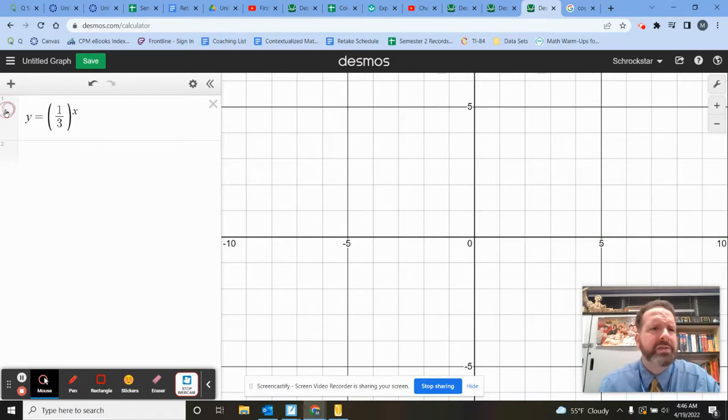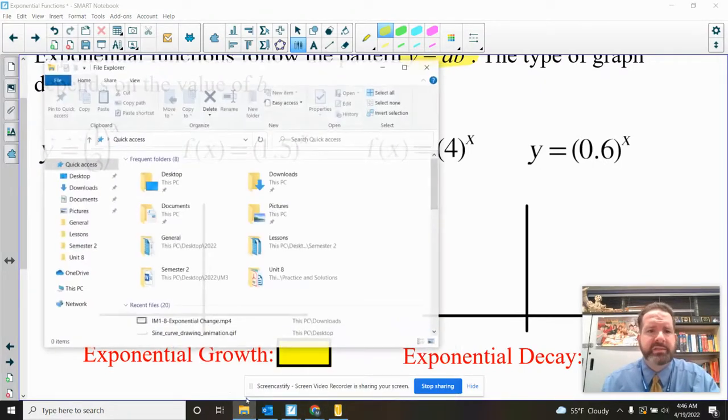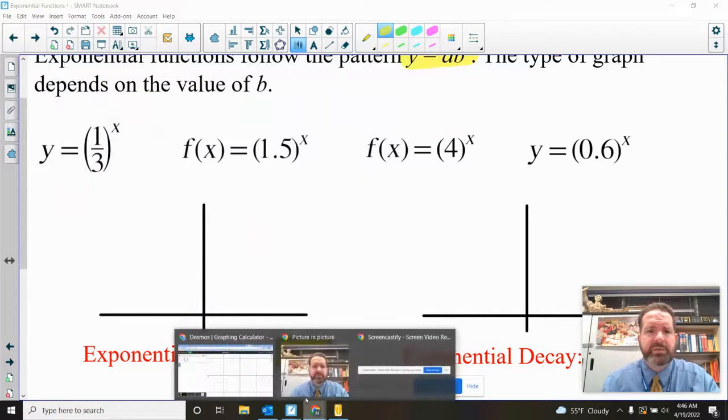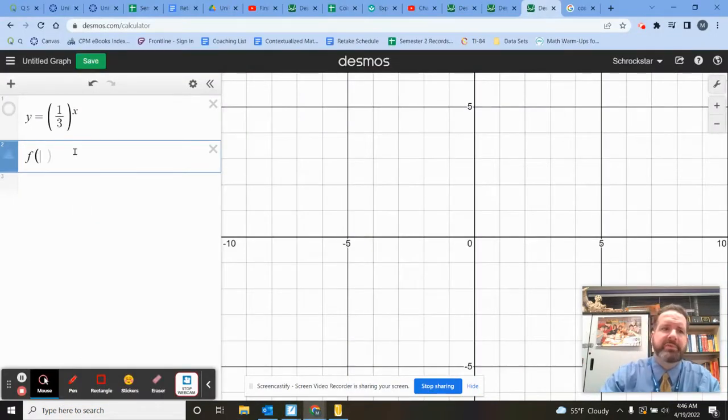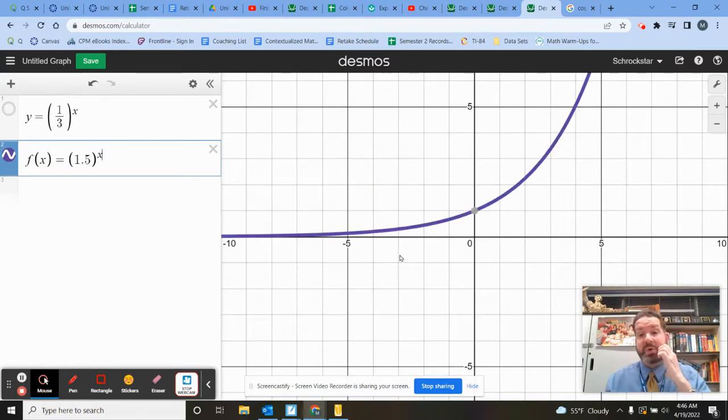Okay, let's turn that off temporarily and look now at our next one. f of x equals 1.5 to the power of x. So coming here to Desmos, f of x equals. Now, when it's not a fraction, the parentheses aren't as important. Put them in anyway. I would much rather have you have them there.